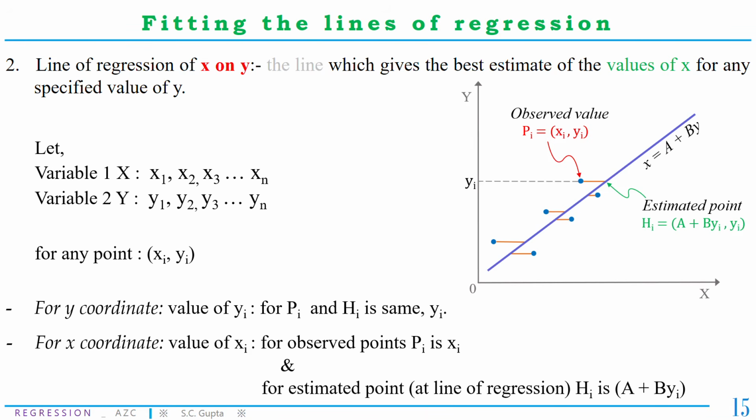For the x coordinate, because this is the line of regression of x on y, x is the dependent variable. Thus, the value of x is changed. For observed points it is xi, and for the estimated point on the line of regression it is a plus b yi.